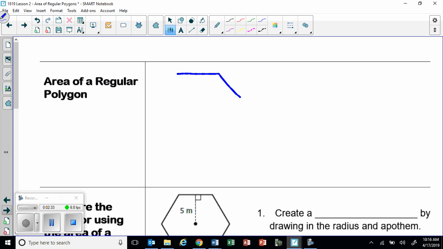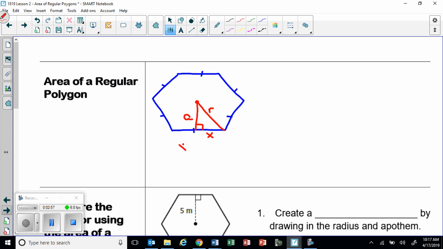And I'm going to do my best to sketch a hexagon here because it's the regular polygon I draw the best. And I'm going to draw in my apothem, my radius. This, I always call x.